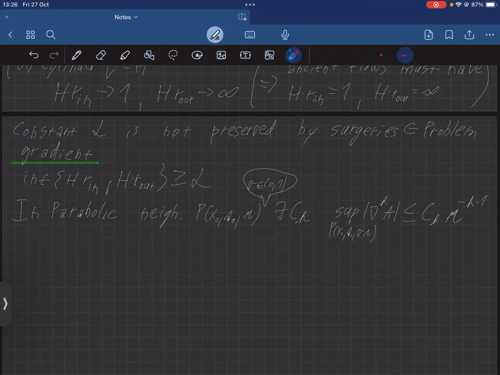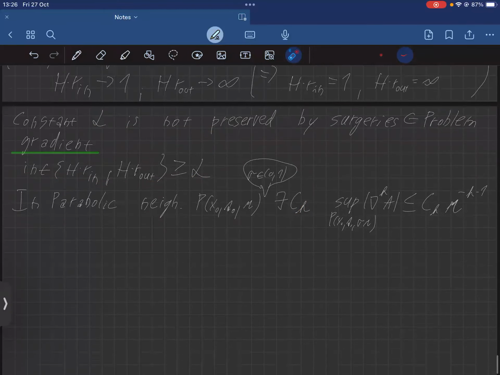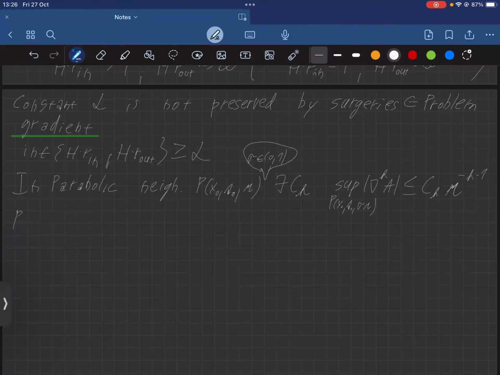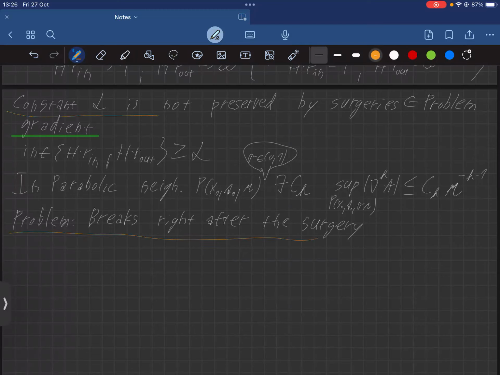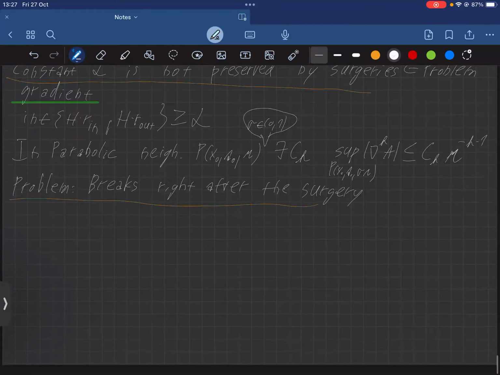So again, this estimate breaks right after the surgery. So these are the two problems I want to focus on today, and how we will get rid of them.